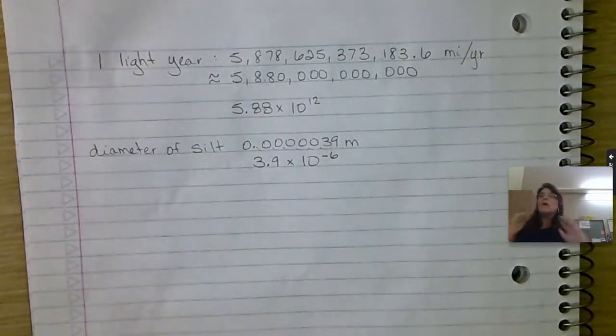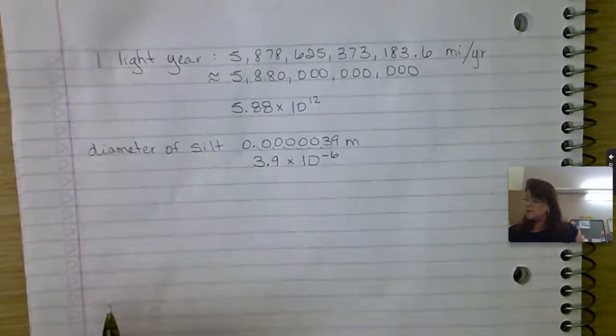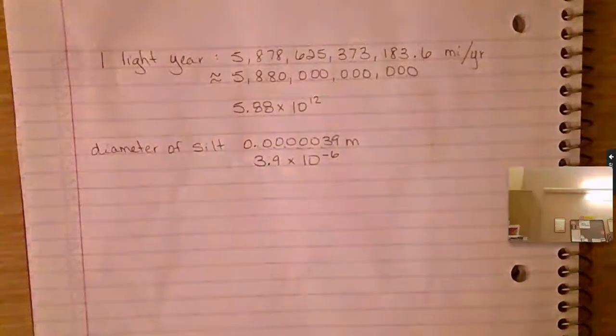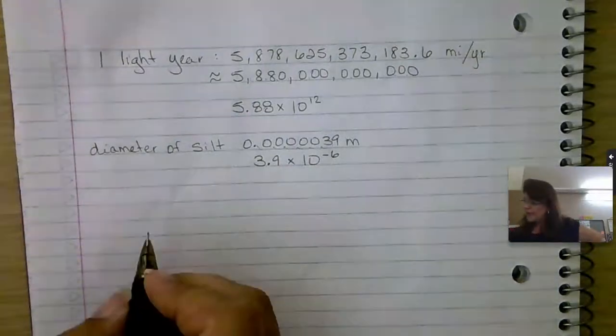Now, when on earth would I use this? Well, let's say I'm looking at that diameter of silt. Take that back. Let's say I'm looking at a bank account.